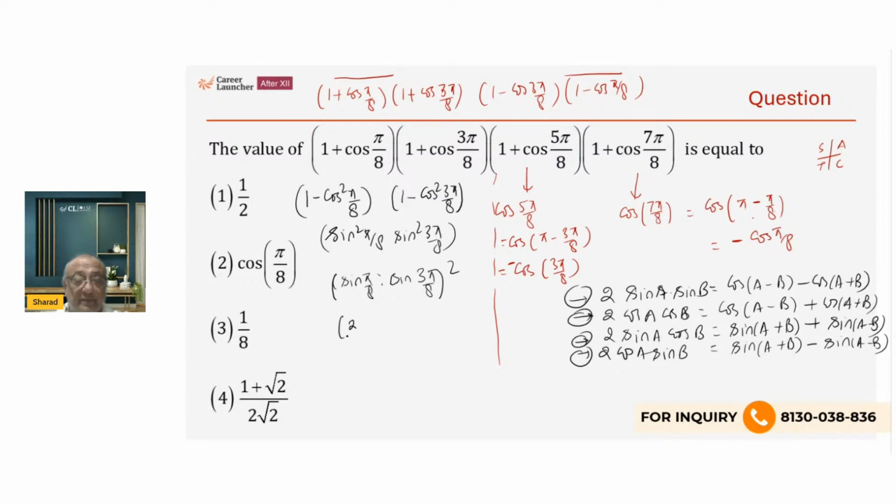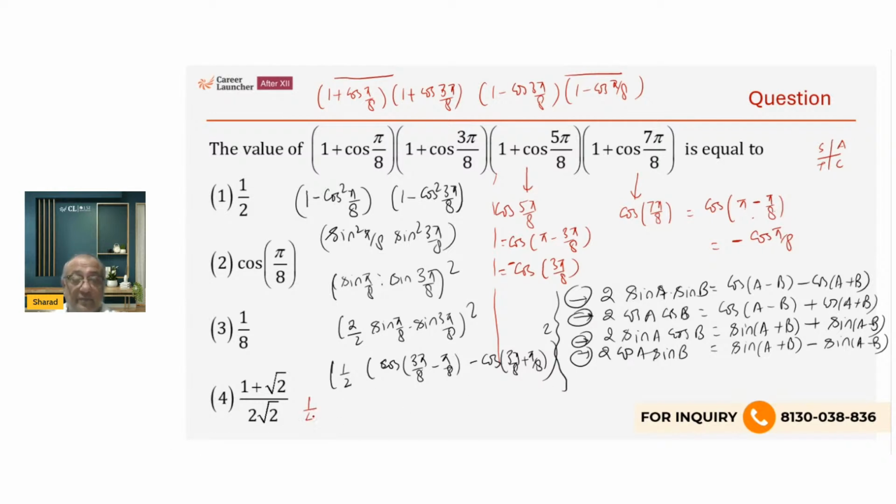Okay. So 2 is missing. I'll put 2 here, and 2 here: sine pi by 8 into sine 3 pi by 8 whole square. So this will become 1 by 2 inside. This 2 sin A sin B will be equal to cos 3 pi by 8 minus pi by 8 minus cos 3 pi by 8 plus pi by 8, whole square. Right, children?